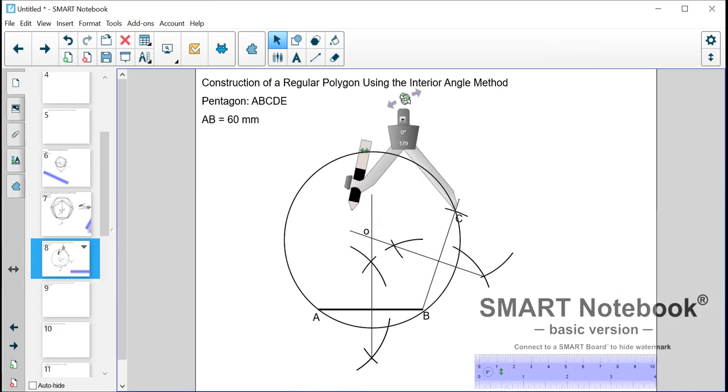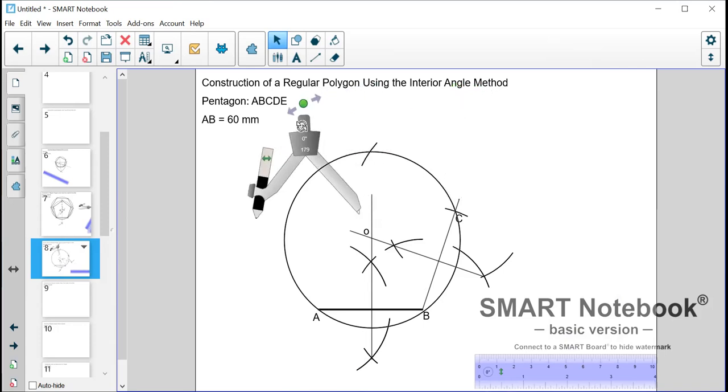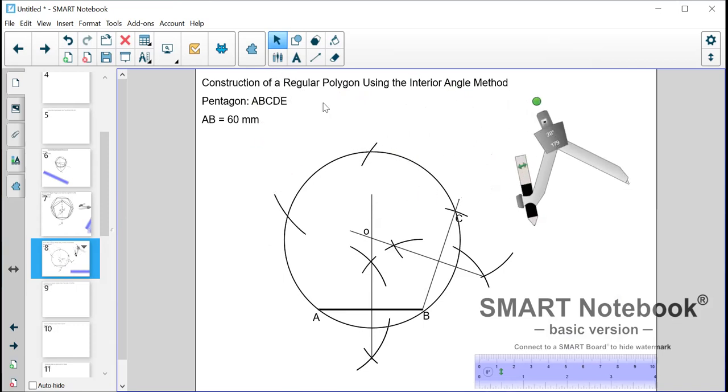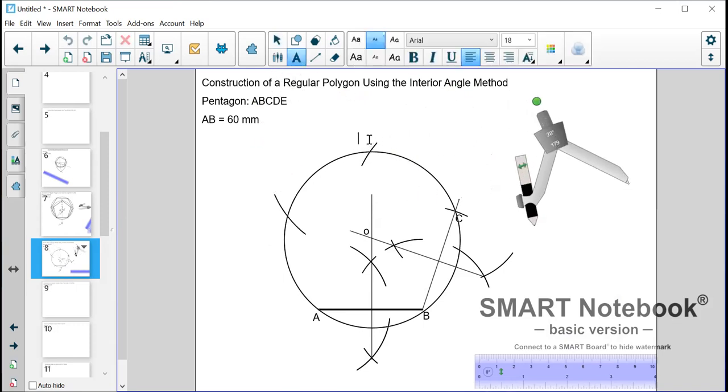We come from C and mark off here, and that would give us D. Then we go on from D and mark off another point that would give us E. So just label D and E.